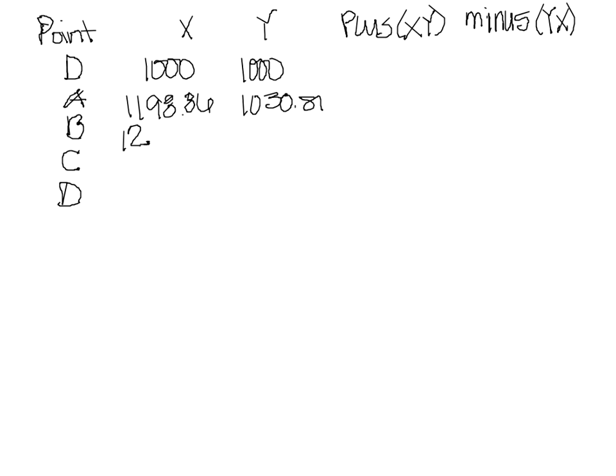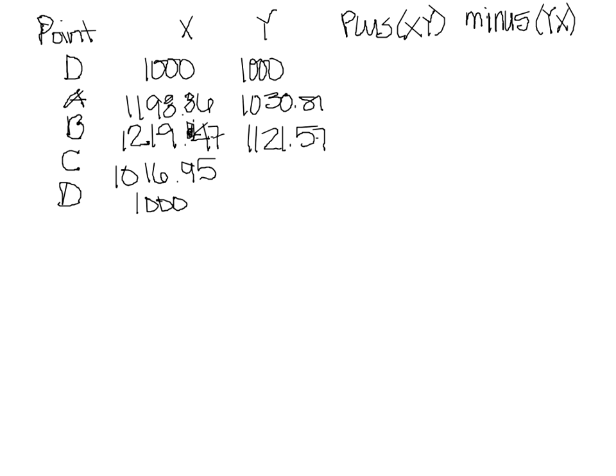So we have 1219.47. C is 1016.95. And we're back to D again at 1,000. And it is really important that you include that. 1030.81, so 1121.57, 1084.43, and back to 1,000.